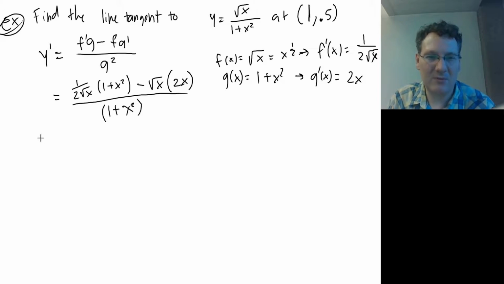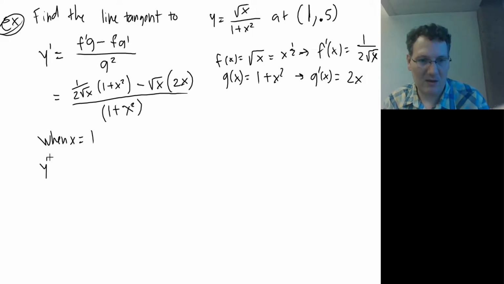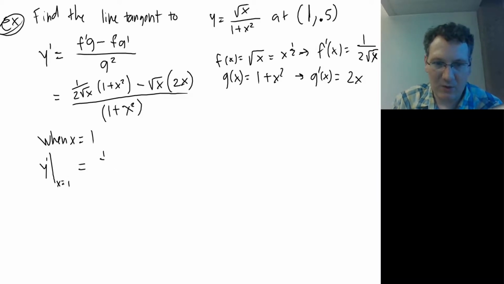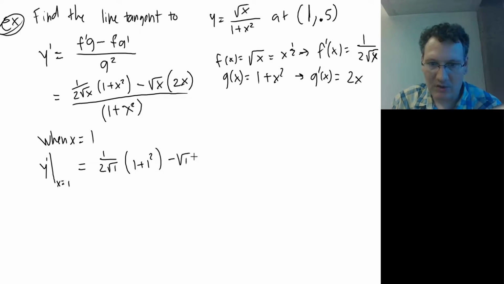Let's evaluate this when x equals 1. I'll write it as y prime evaluated when x equals 1. So we have 1 over 2 root 1 times 1 plus 1 squared, minus square root 1 times 2 times 1, all over 1 plus 1 squared.